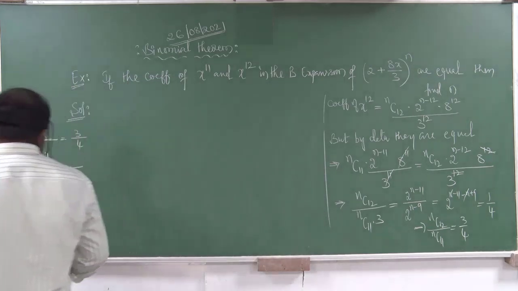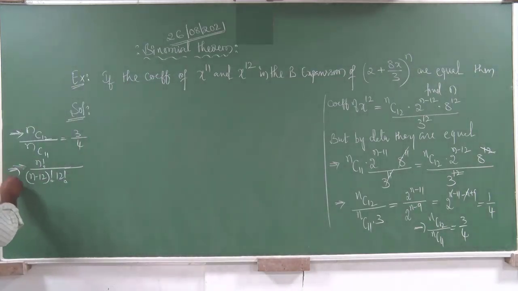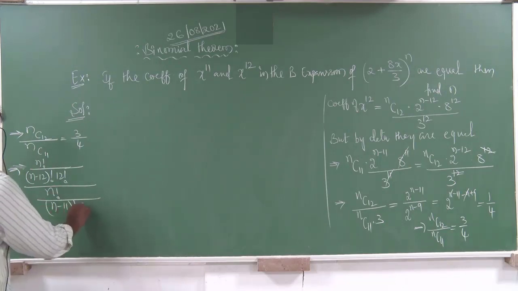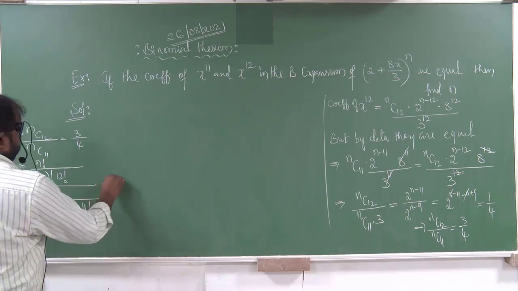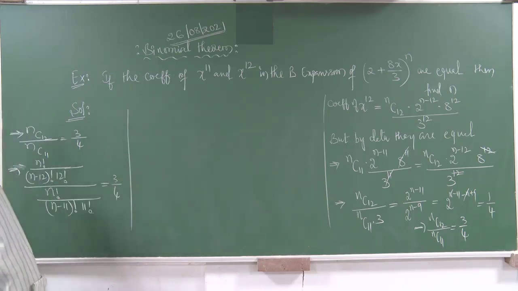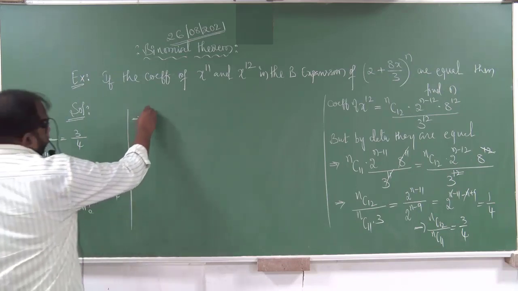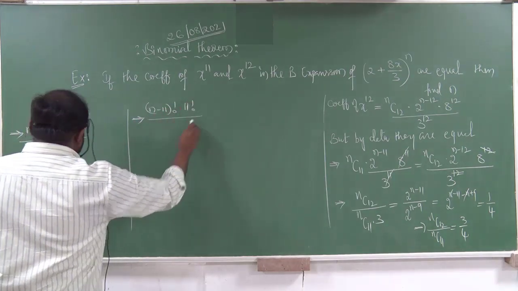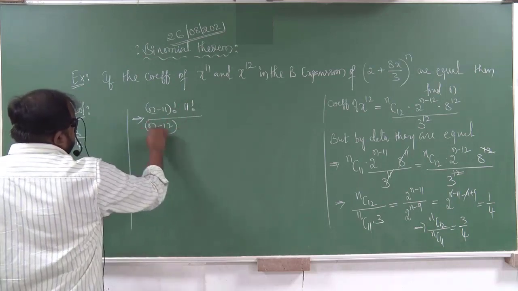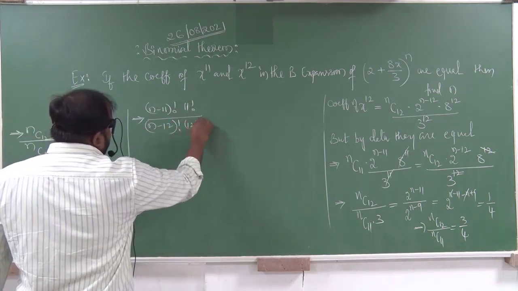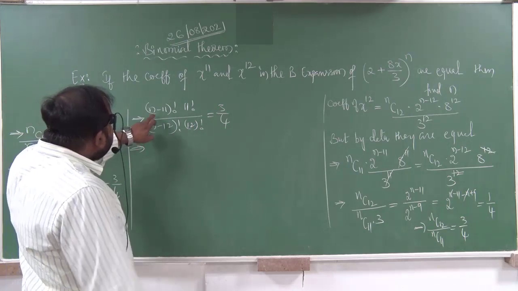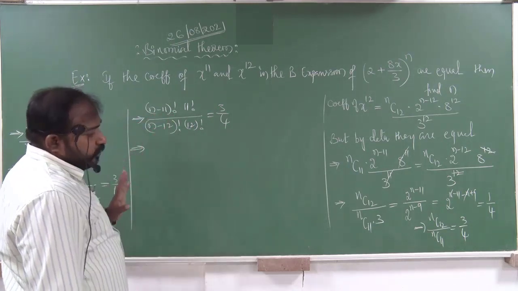Now this is the nC12 value by the denominator value n factorial by n minus 11 factorial into 11 factorial, equal to 3 by 4. If I simplify, this value goes to numerator. That implies n factorial and n factorial cancel. n minus 11 factorial into 11 factorial by n minus 12 factorial into 12 factorial is equal to 3 by 4. Then which implies, listen, this is n minus 11 factorial by n minus 12 factorial.